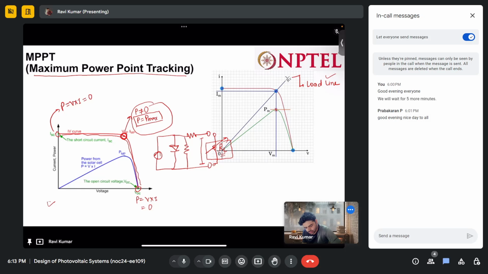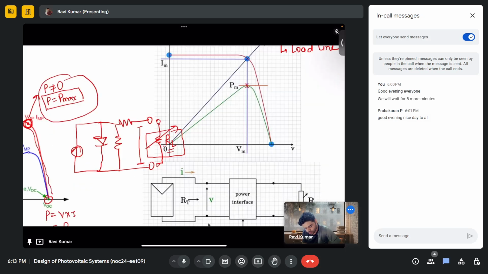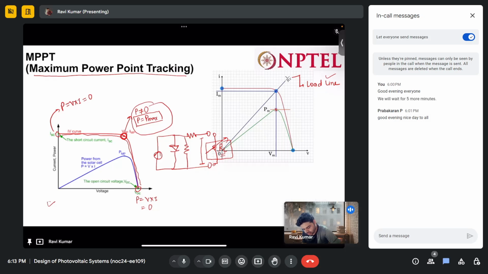If RT is equal to 0, then the slope will be infinite. If RT is equal to infinite, the slope will be 0. So in this particular condition, RT is 0, slope will be infinite.